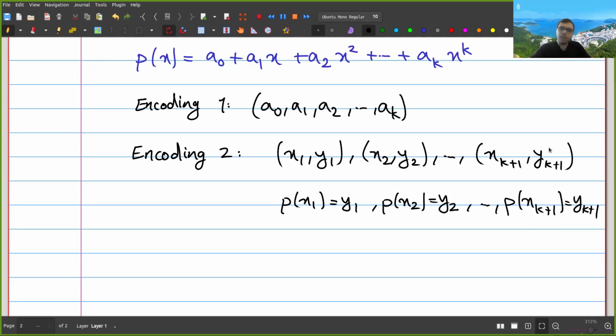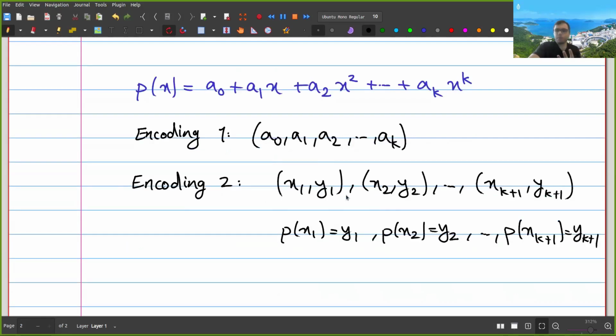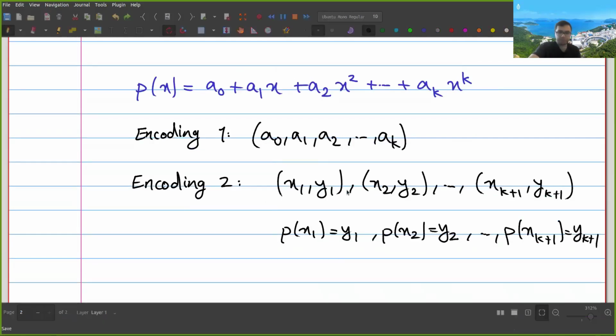If I give you k plus 1 points that this polynomial goes through, then this also represents a unique polynomial of degree k. And here I'm talking about polynomials over reals.